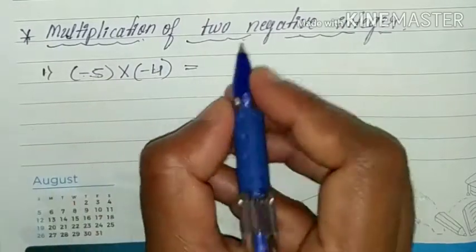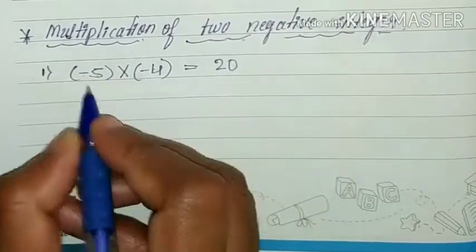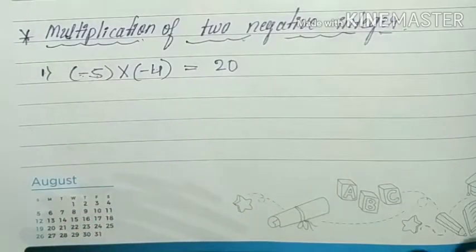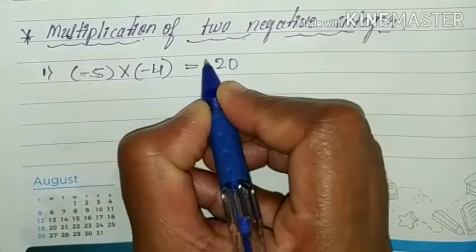First 5 into 4. What is 5 into 4? 5 4s are 20. And minus minus is what? Minus minus is always plus. We already know by the sign multiplication, right? So minus minus is always plus.